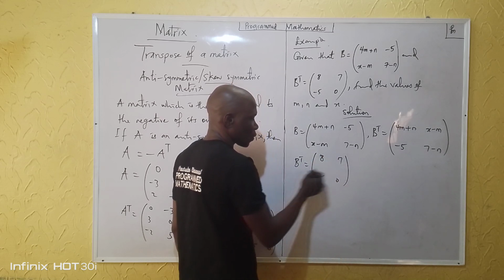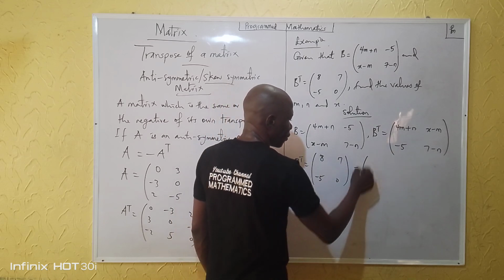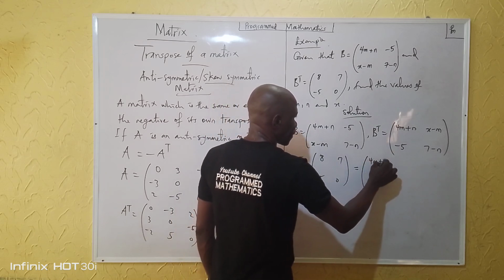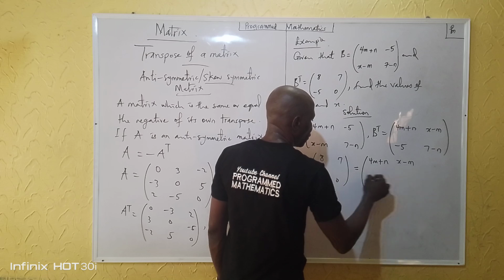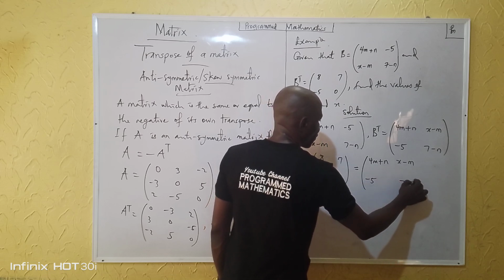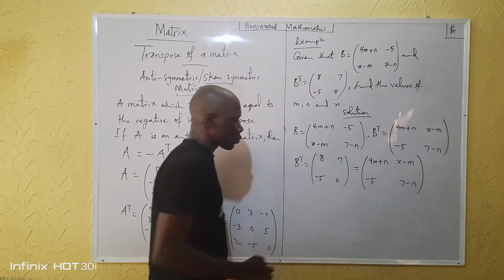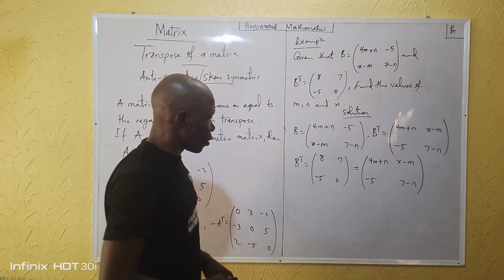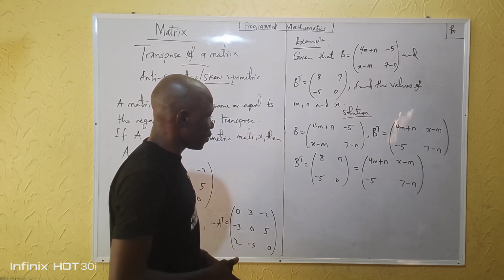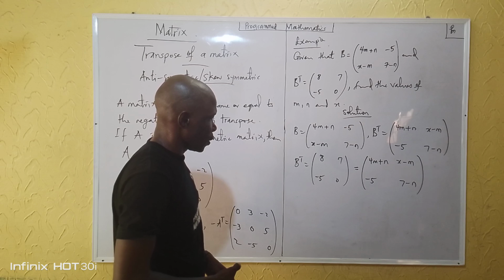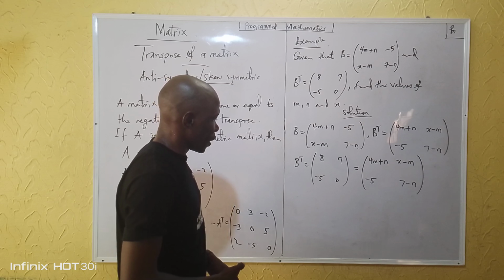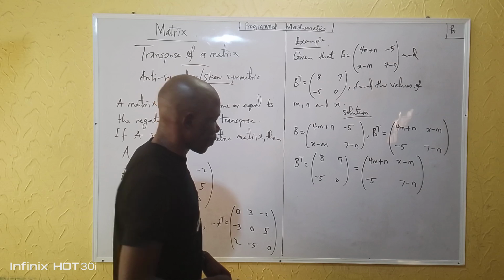So this transpose is automatically equal to this one here. We need to find x, m, and n.